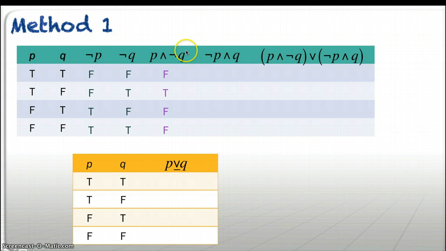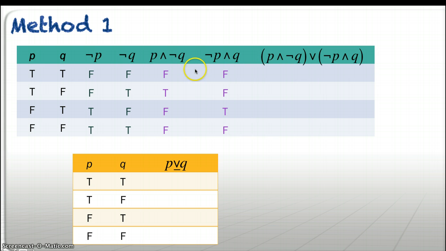Now let's do the negation of P and Q. You have this column, negation of P and Q. I'm going to put my pointer here in the middle. False and true is false. Then false and false is true. True and true is true. True and false is false.